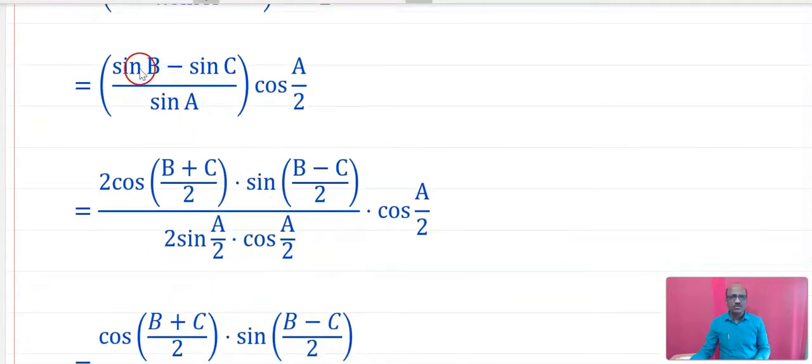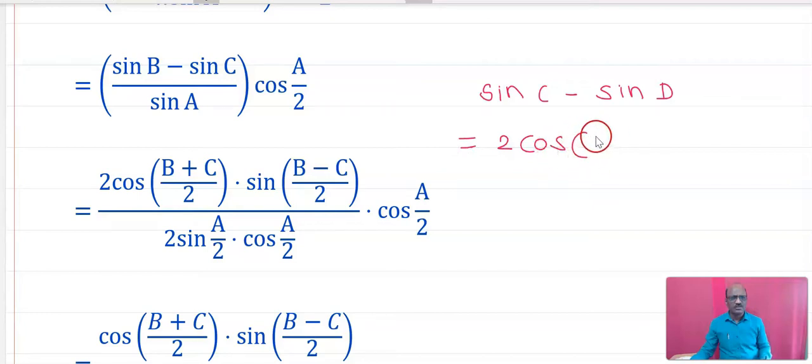Now here we will apply the formula for sine c minus sine d. And what is that formula? That is 2 times cos of (c plus d) upon 2 into sine of (c minus d) upon 2.